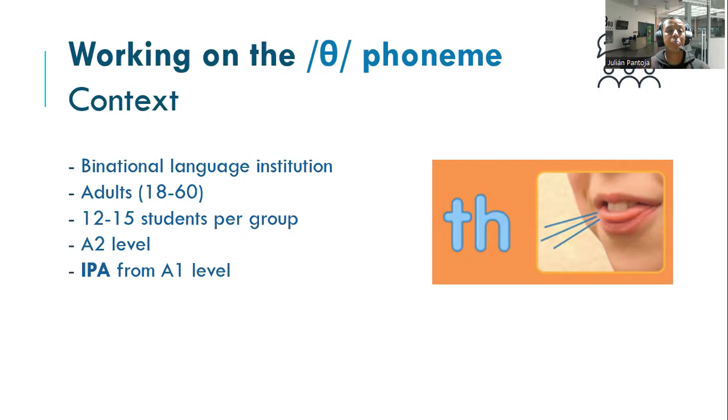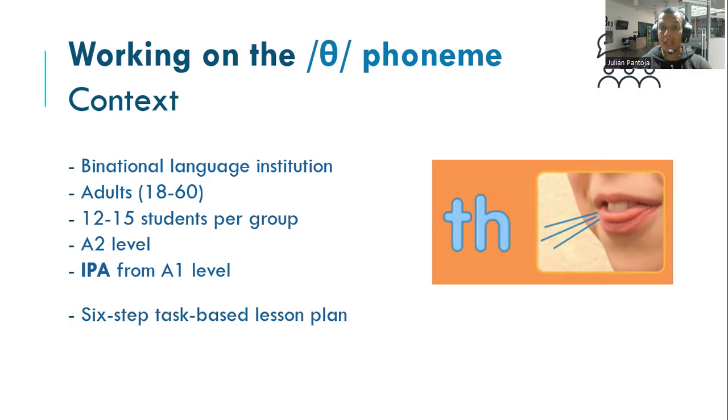In terms of background knowledge, the institution sees the IPA as a very important tool, so students are instructed on the use of the IPA from A1 level. They know the symbols, and they have autonomous activities to practice the sounds and to do class preparation that can consolidate this.